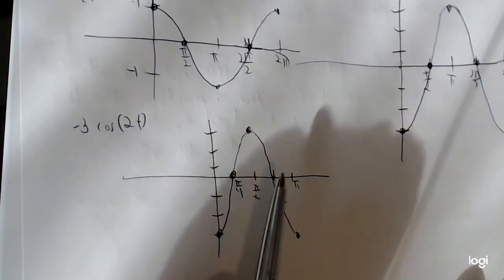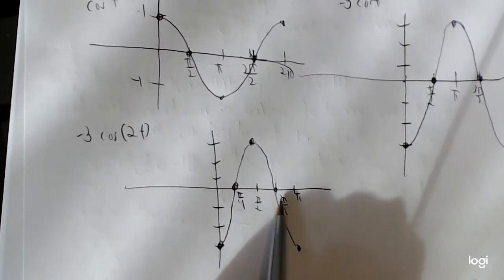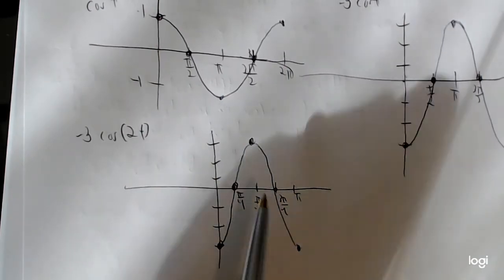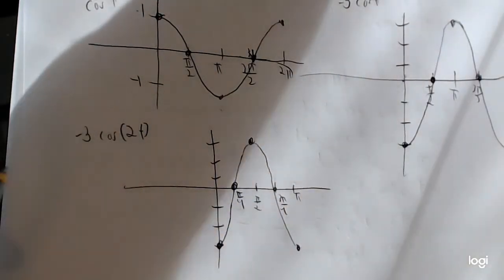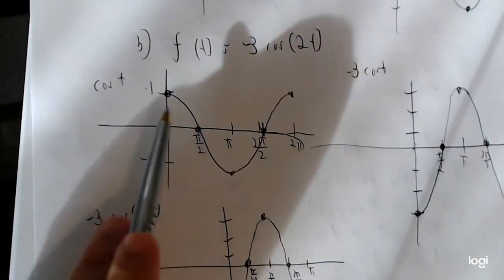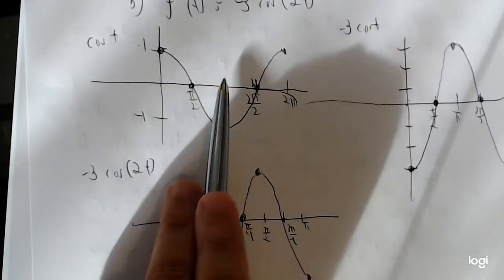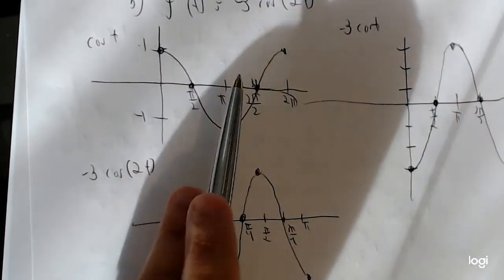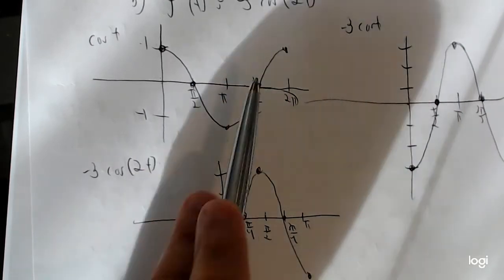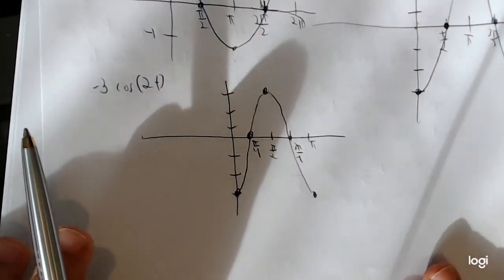Notice how the 2 made my period pi, and notice how 2 pi over 2 is pi. Notice how that adjustment works out nice and convenient. So I would say if you know how to graph cosine, then you could perform any of them. It's just I would prefer to take things step by step and take each transformation separately, which will make it a lot easier to graph.